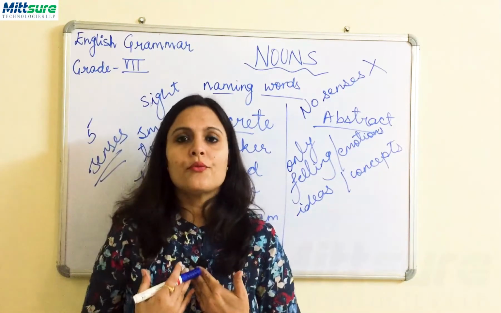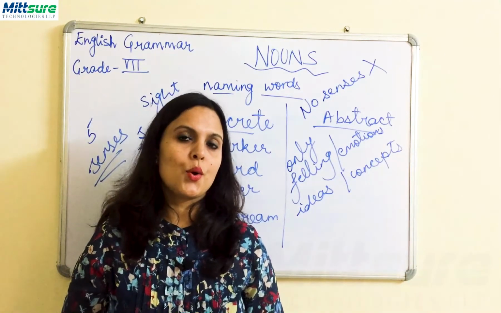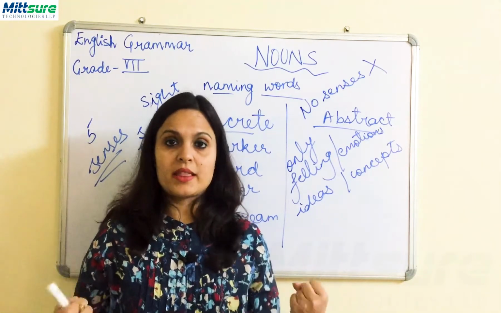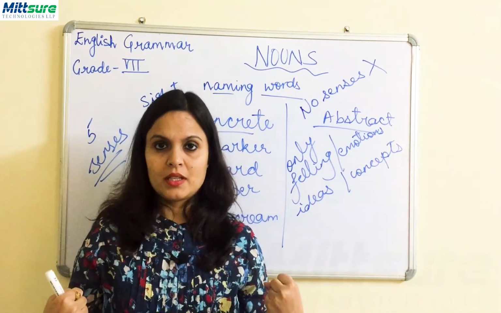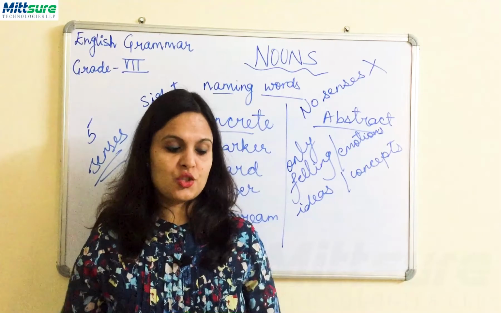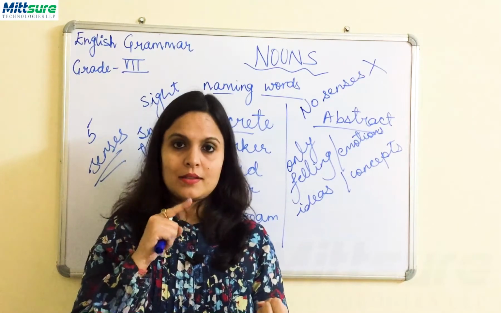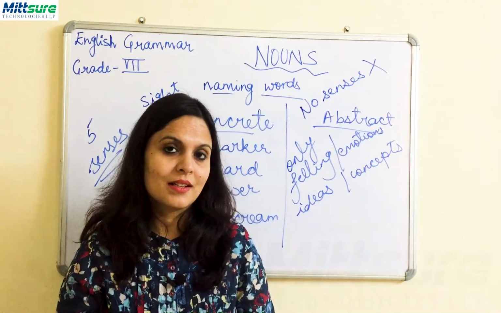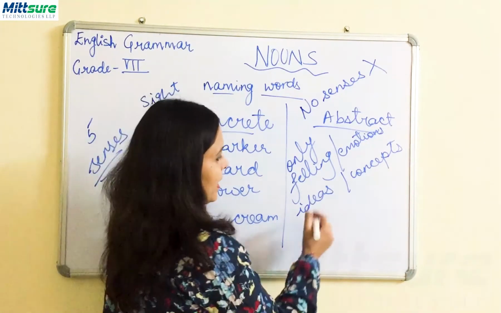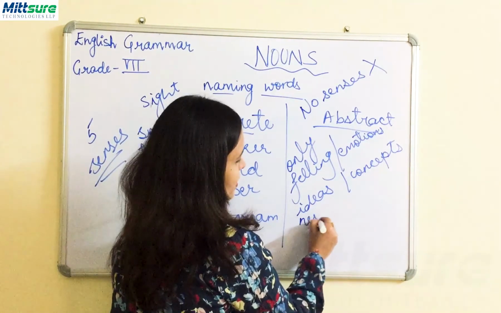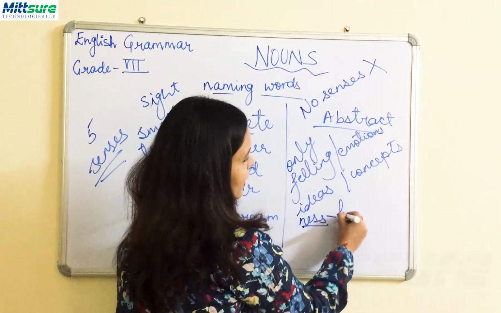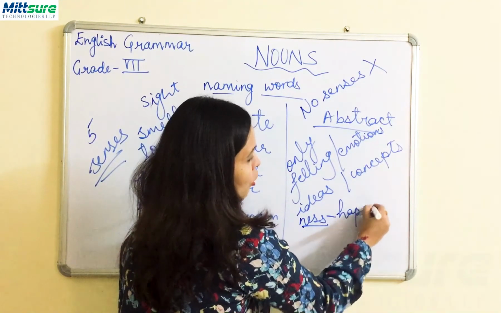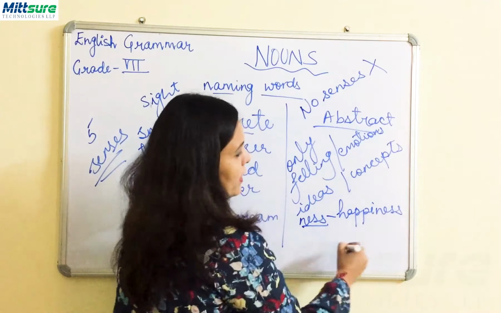This is all what you feel inside. So you feel strength in your body, right? When you are energetic. So energy, strength, weakness, right? So you will notice that any word that actually ends with NESS, like happiness or weakness, right?